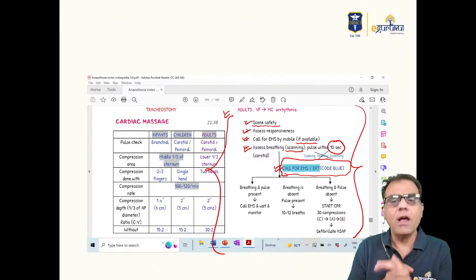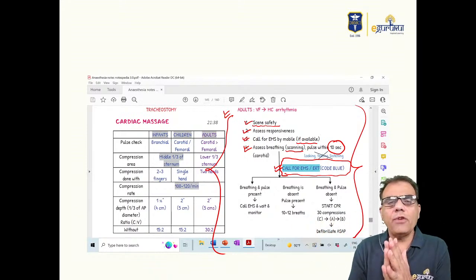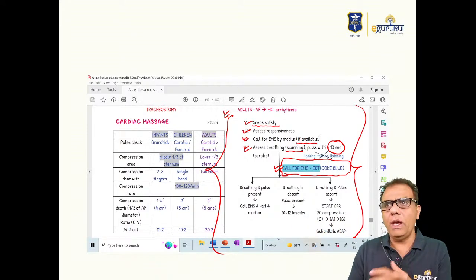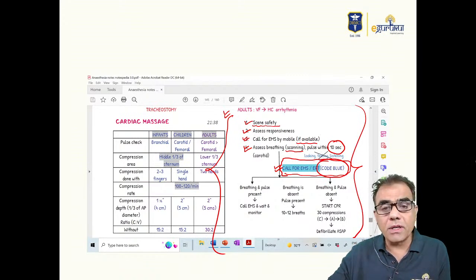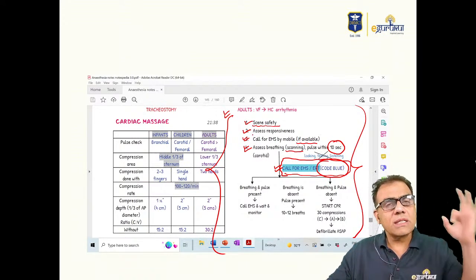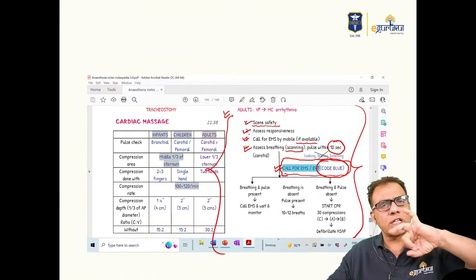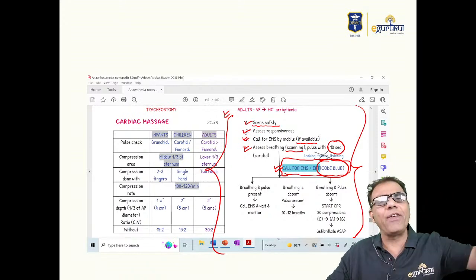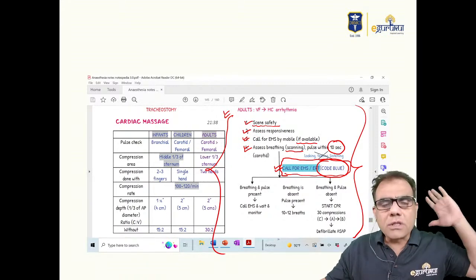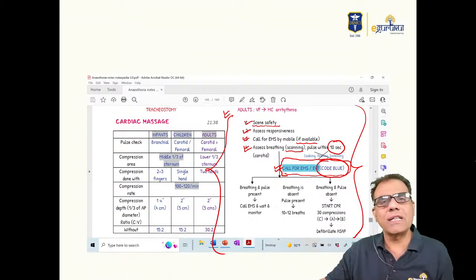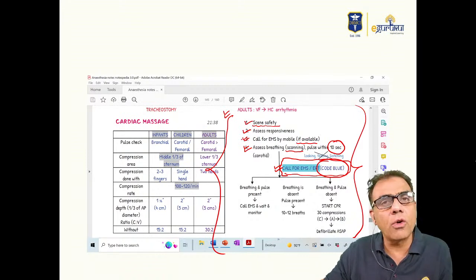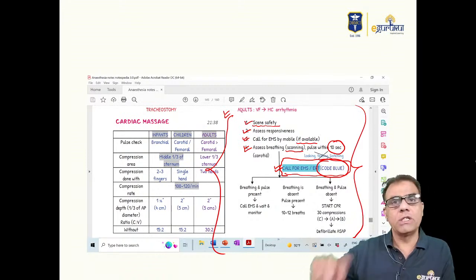Anyway, fortunately for us, the majority of CPR will be in hospital, and in hospital you always have the chance to activate code blue. So it is very important: you assess responsiveness, the patient is unconscious, breathless, pulseless or anything. Don't start anything before activating the emergency response team, before activating code blue. Why? For two reasons.